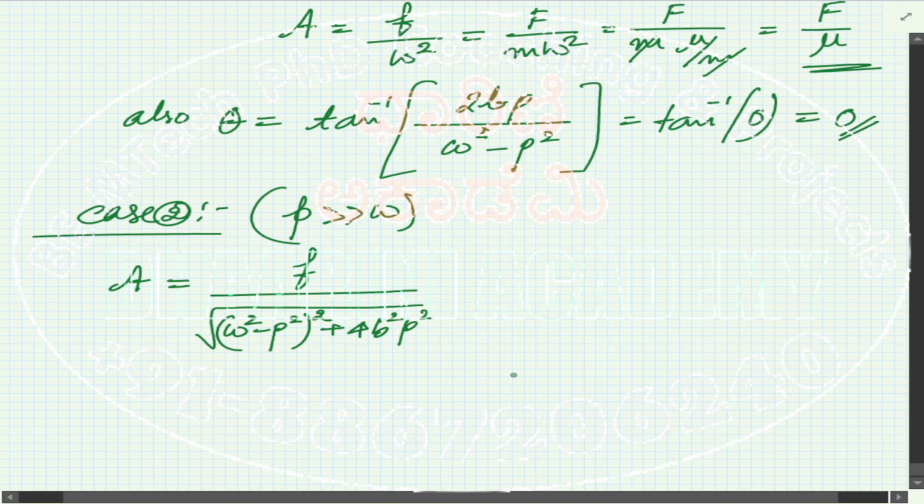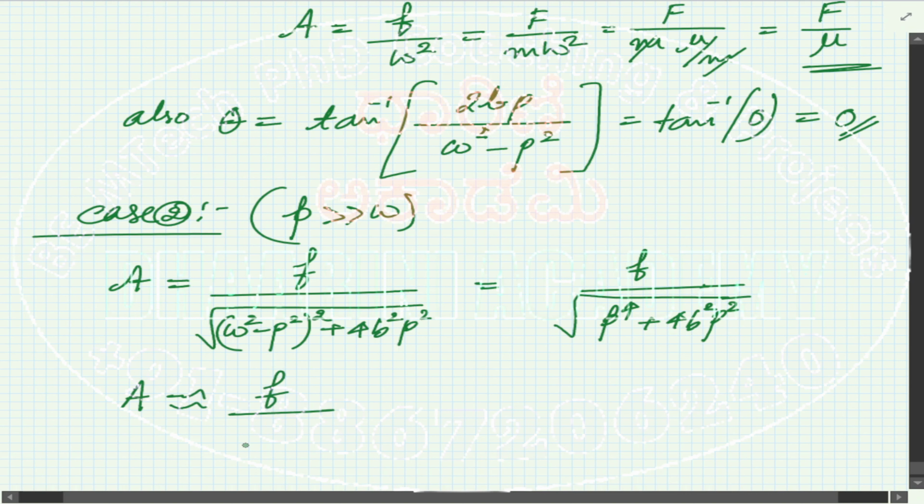So the p square still remains. I can write this is approximated to F divided by root of p to the power 4 plus 4b square into p square. The term p to the 4 is much bigger compared to the second term. So we can approximate. Therefore, A is approximately equal to F divided by root of p to the power 4, so that is F divided by p square.